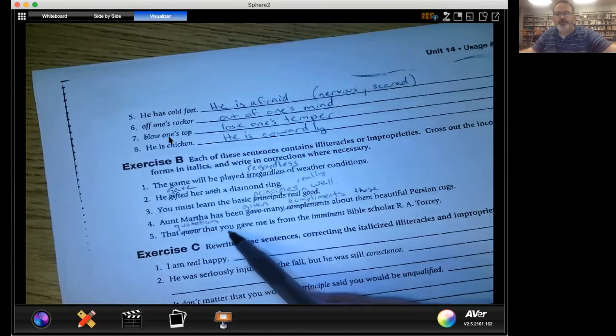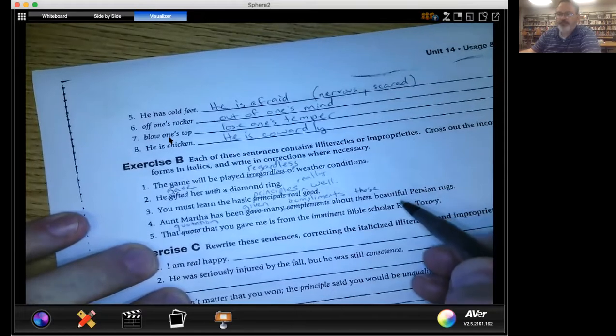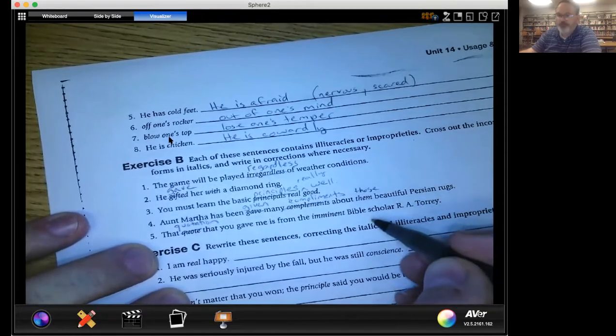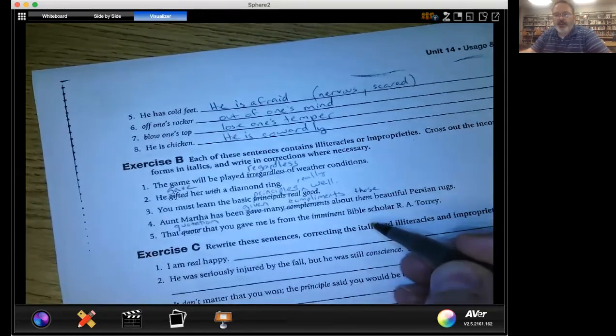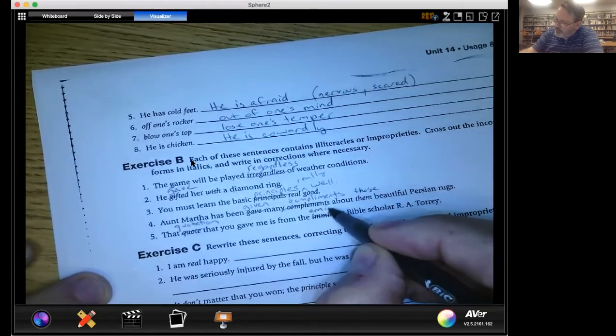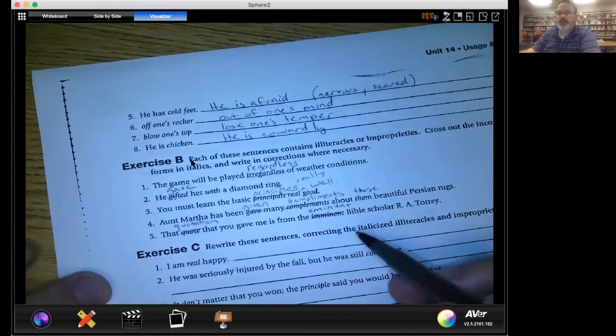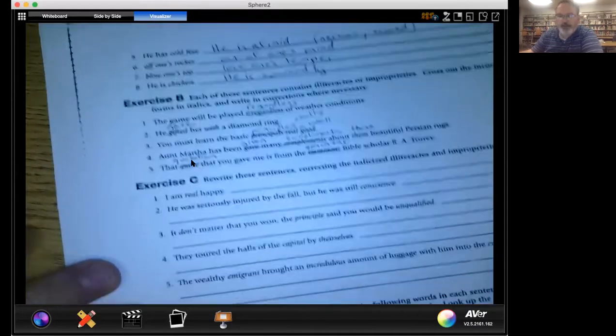That quotation that you gave me is from the eminent, and if you recall, the one that means the scholar is the one with an E. E-M-I-N-E-N-T. The eminent, the best in his class. Okay.